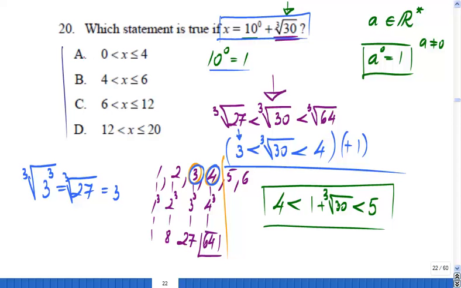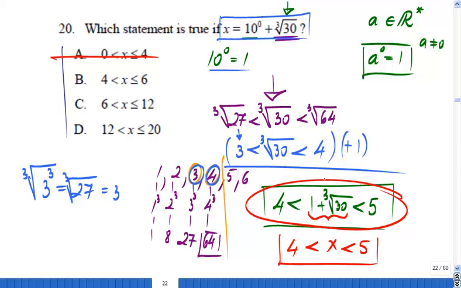I'm looking at A. My x is between 0 and 4 and could be 4. But that's not a true statement, right? Because this is your x, and your x should be greater than 4 and less than 5, right? From this statement here. That's not good. B. X is between 4 and could be less than or equal to 6.